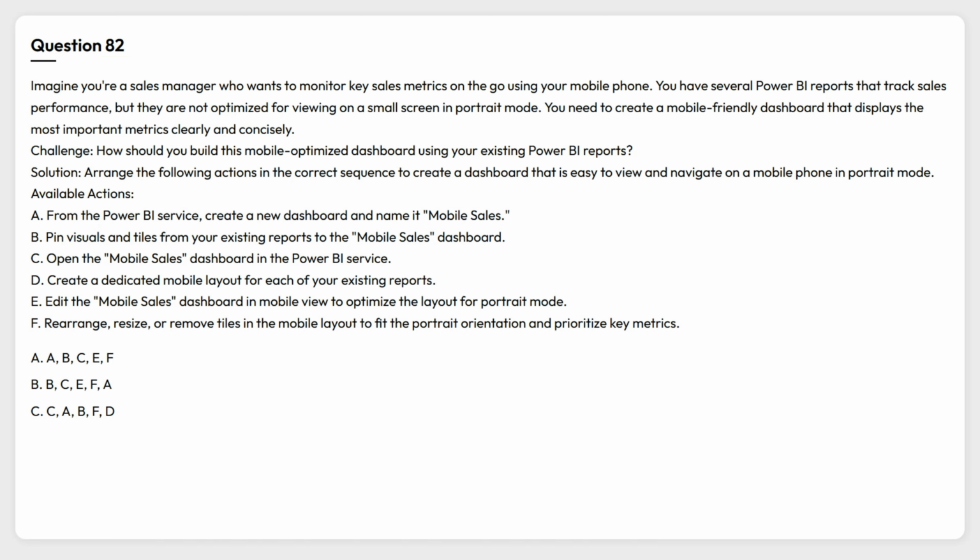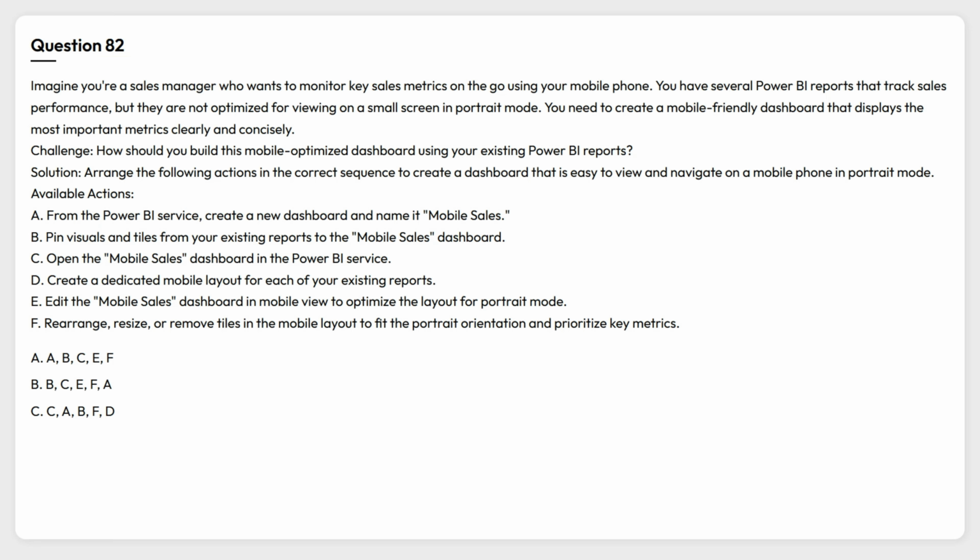A. From the Power BI service, create a new dashboard and name it Mobile Sales. B. Pin visuals and tiles from your existing reports to the Mobile Sales dashboard. C. Open the Mobile Sales dashboard in the Power BI service.